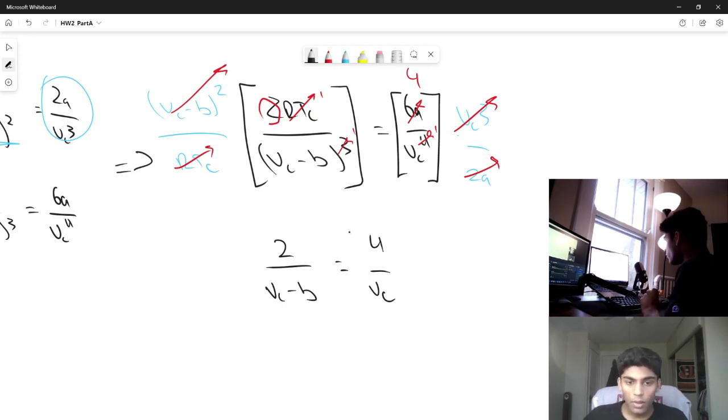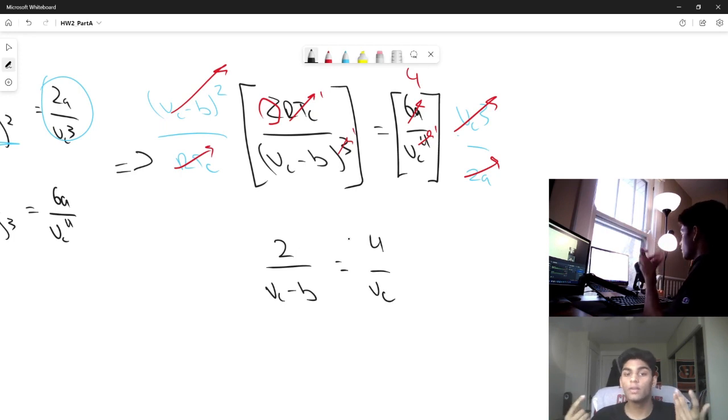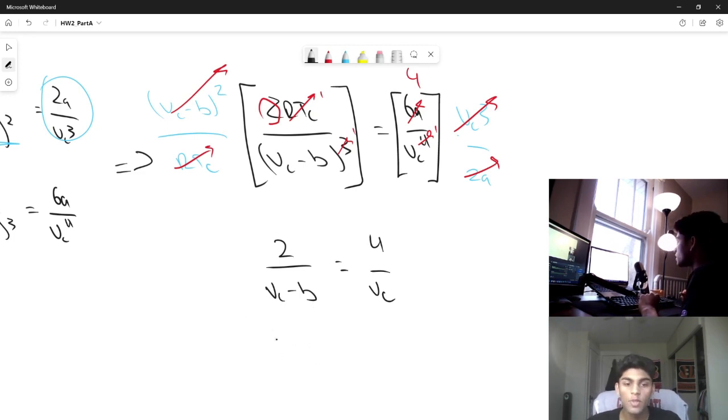So now what we want to do here is collect like terms and simplify it that way. So let's go ahead and bring Vc - b over to the other side. I'm just going to multiply on both sides by Vc - b.